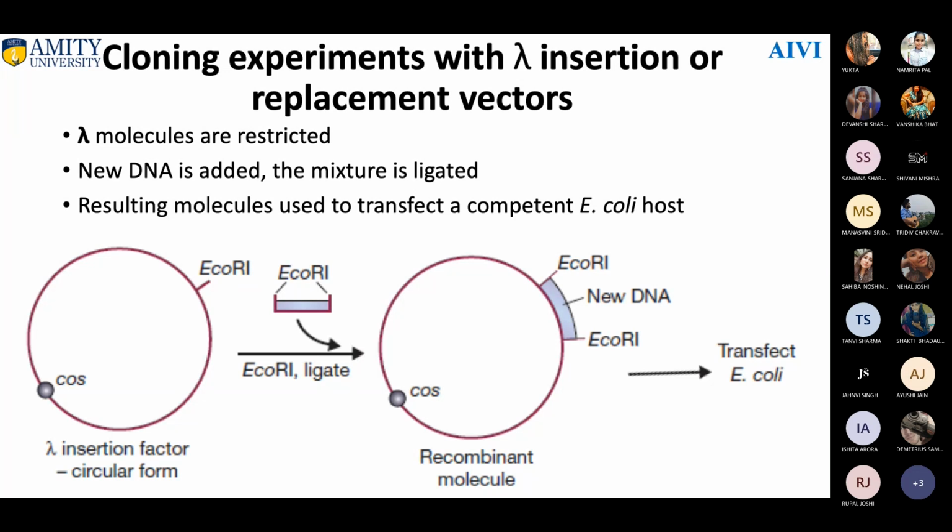In the insertion vector you have already removed the non-essential part, so only up to that much can you clone in this vector. Treat with the restriction enzyme, you get a fragment, then add the ligase with your fragment, and the fragment will be cloned. Now this recombinant molecule you can transfect. After transfection, when this phage grows, it will produce a plaque. A plaque is a region where the growth of the bacteria is not going to be there.